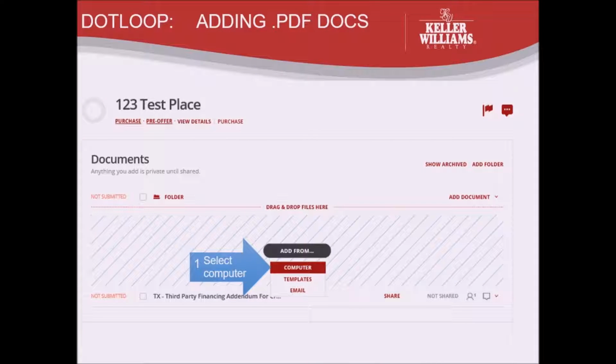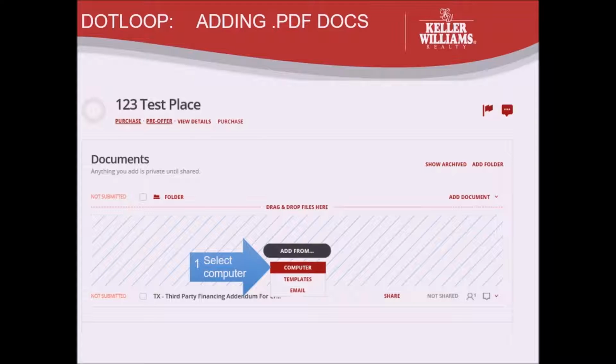So let's say we've sent the other agent, the selling agent, a 1-to-4 contract. His sellers don't have an email or are not very comfortable with electronic signing. So he goes around the house, explains the 1-to-4, they sign, and so he has a paper copy. Well, he can come back to the house, scan it, attach it to an email and send it to us.